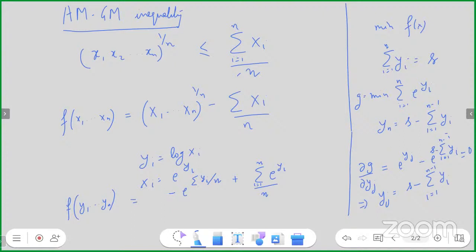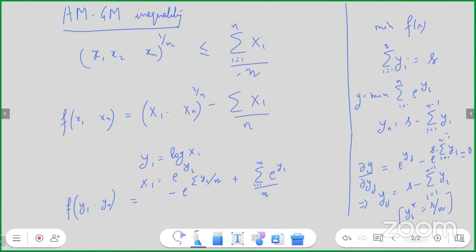What does it mean? What is the only solution of this system of equations? That all the yj star should be equal. And all of these will give you just n such, and the only solution is that they are all equal.